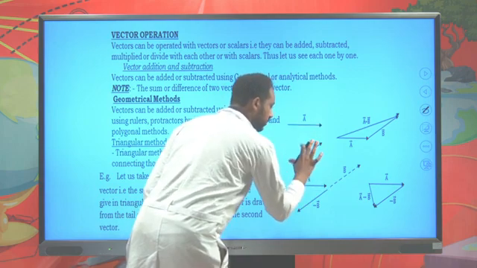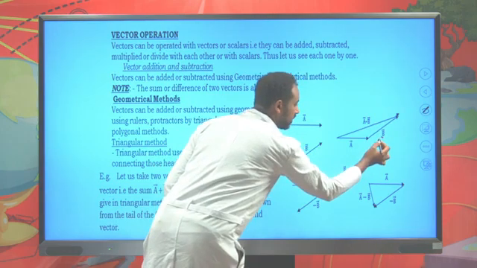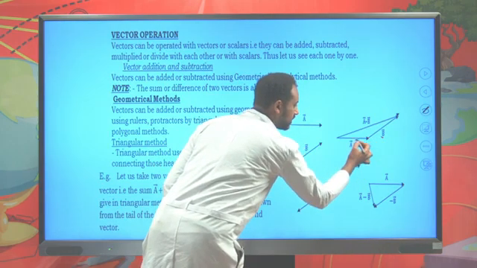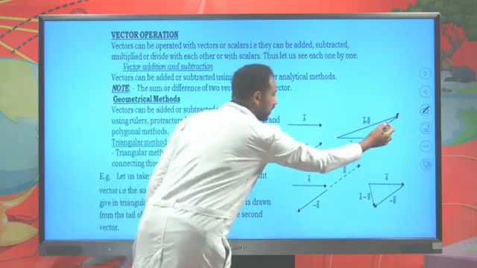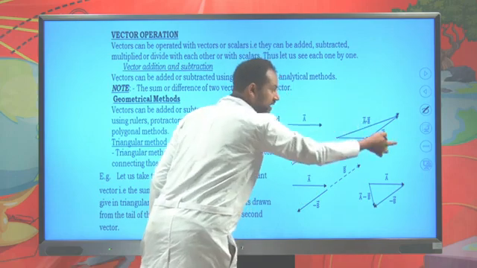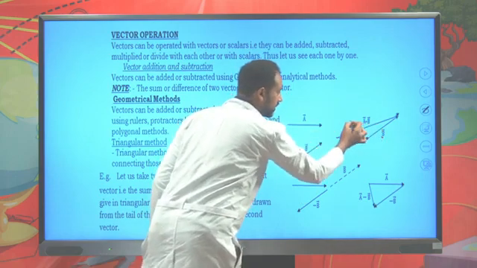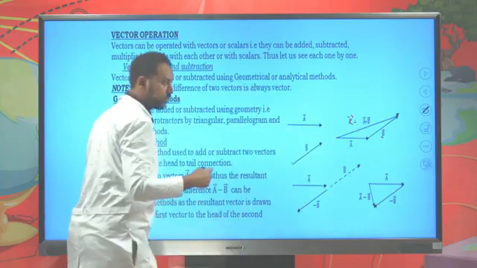The head of the first should be connected to the tail of the second, which here is vector B. As you connect this, the resultant, from the tail of the first vector to the head of the second vector, gives you the resultant vector. This could be the summation of the 2 vectors.